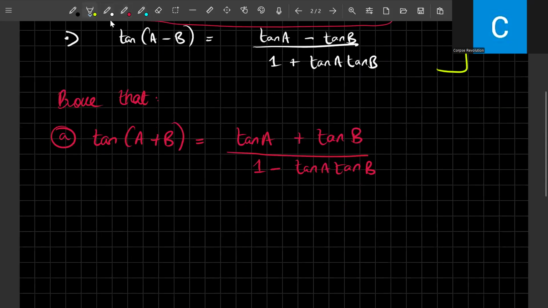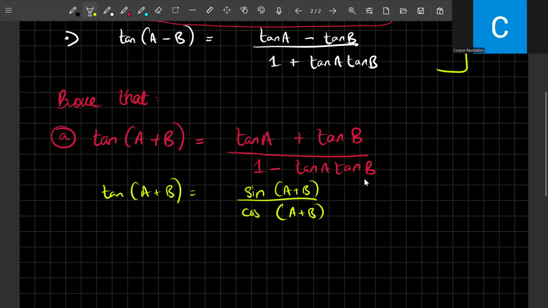We know that tan(A plus B) is equal to, tan is sine over cos, sine(A plus B) upon cos(A plus B).